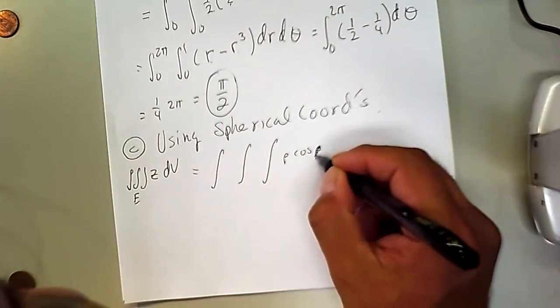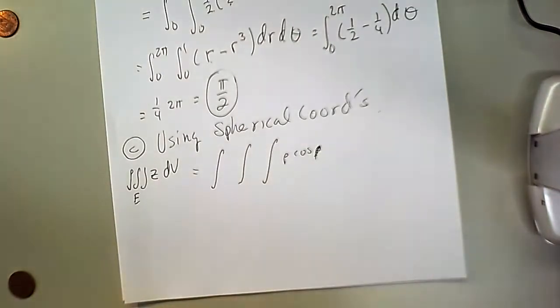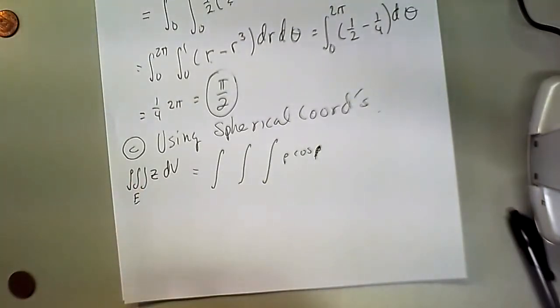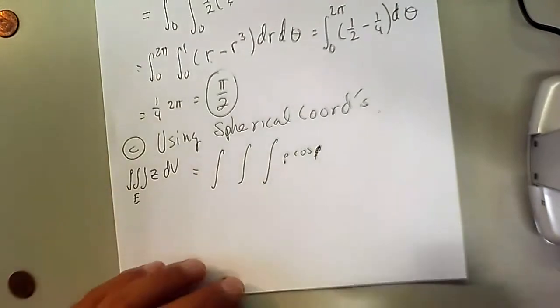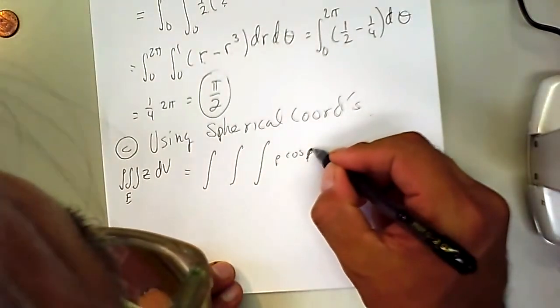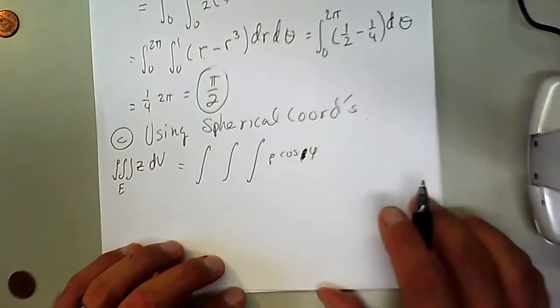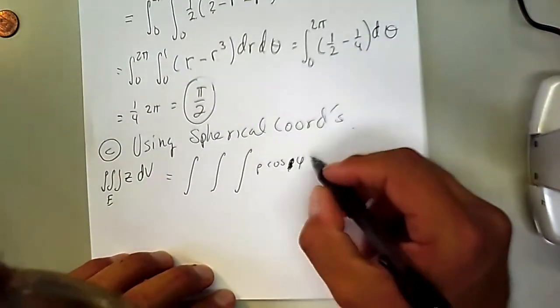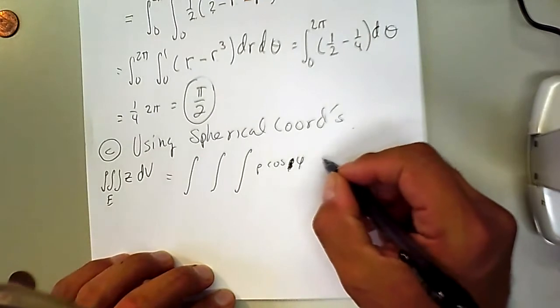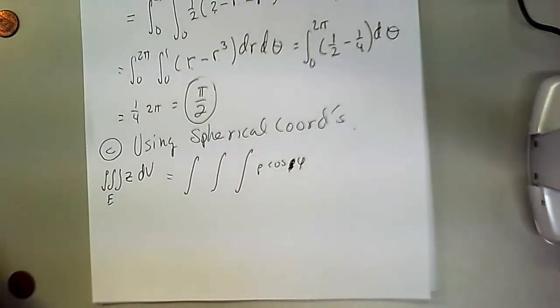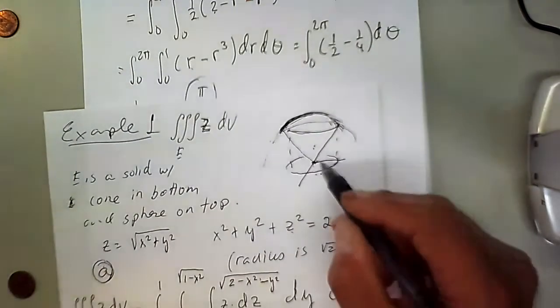Whoops. Whiteout takes too long. I hate to do this, but this is phi. I'm going to get another whiteout for this so that it looks a little neater. Anyway, so we're integrating over this ice cream cone.